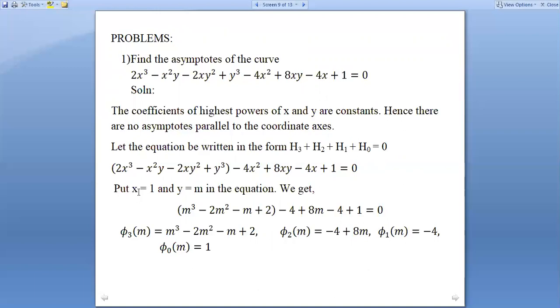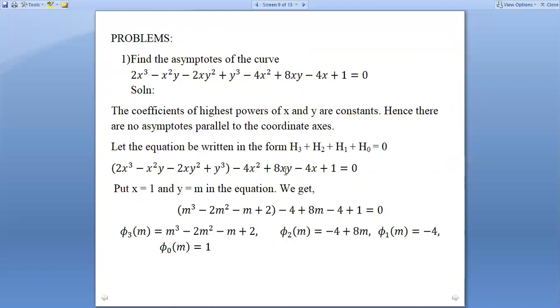Now we put x is equal to 1 and y is equal to m in the equation. So when you substitute x is equal to 1 and y is equal to m, here we get this as m cube minus 2m square minus m plus 2 minus 4 plus 8m minus 4 plus 1. So from this we have phi3 of m.